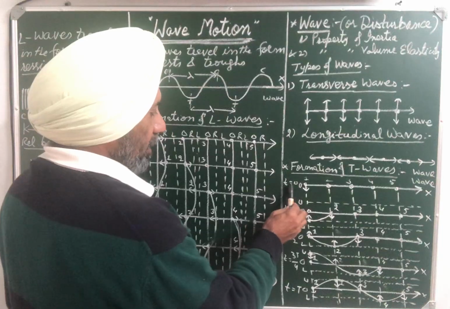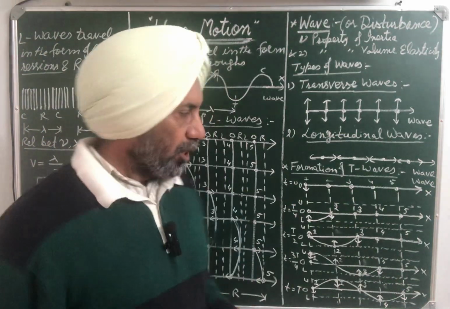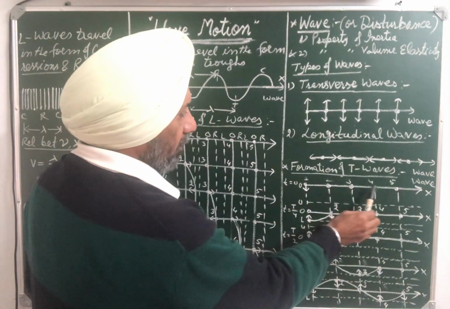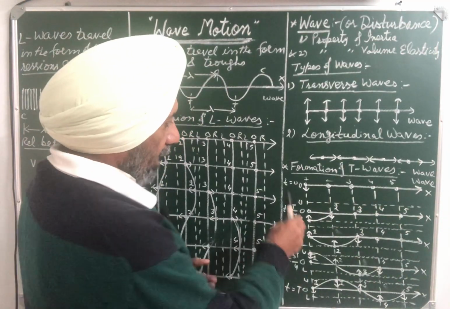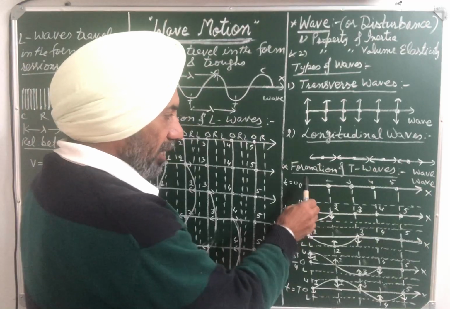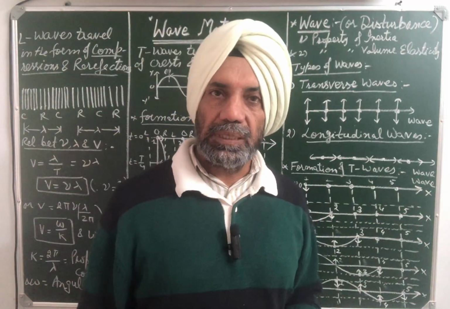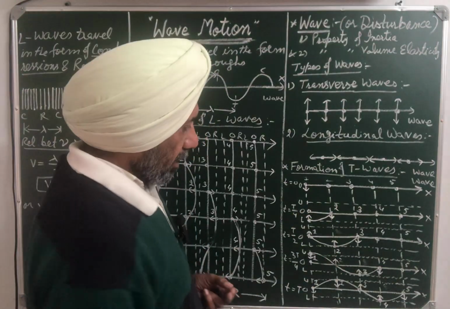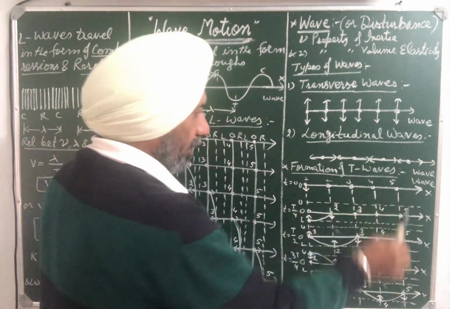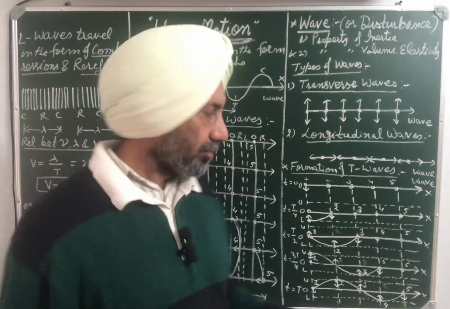Then what happens at t = 0? Suppose particles 1, 2, 3, 4, 5 are all at rest initially. At t = 0, particle number 1 is disturbed, so it starts moving down. But particles 2, 3, 4, 5 are at rest.